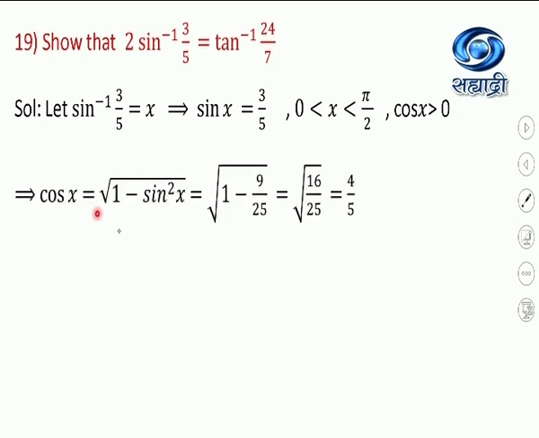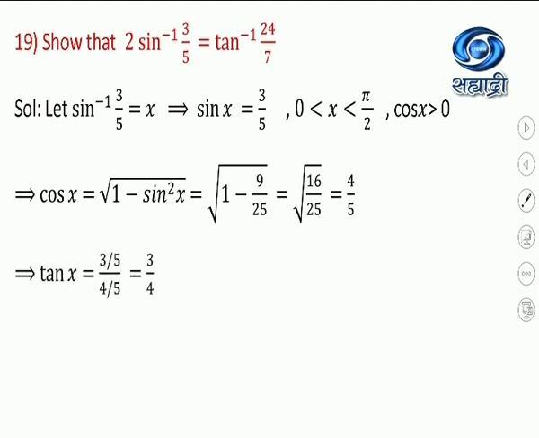Therefore, cos x is equal to root of 1 minus sin square. Now we put the value, sin x is 3 by 5. Therefore, sin square x is 9 by 25. Find the difference, which is under root of 16 by 25, which is equal to 4 by 5. Okay, this condition is very important. Otherwise, you will have to consider plus or minus root of.